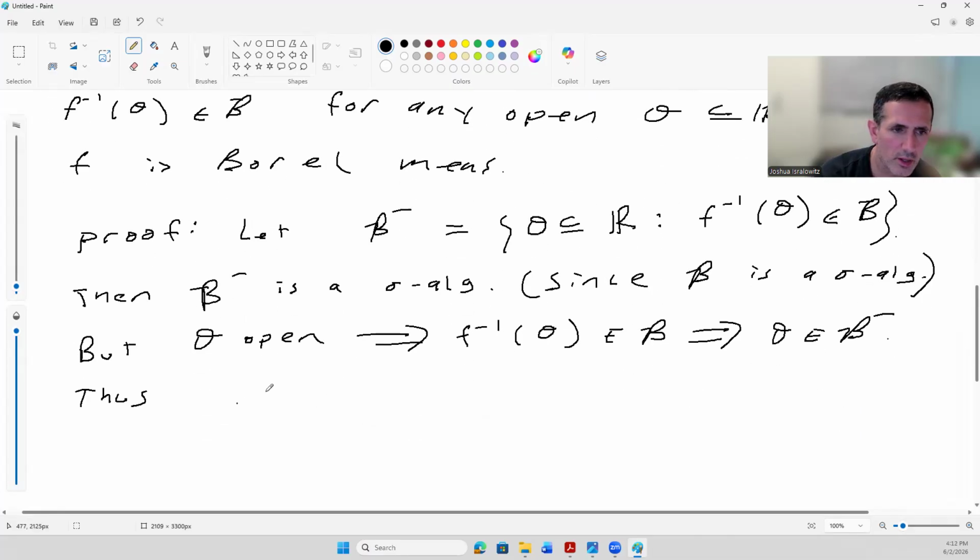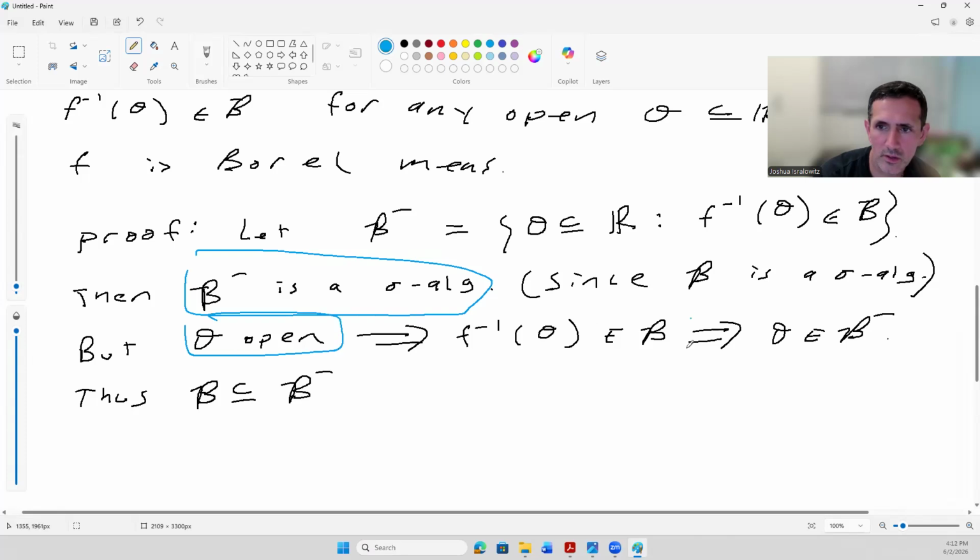Remember, B is the smallest sigma algebra containing open sets, and therefore it's contained in B prime, since B prime is a sigma algebra containing open sets.